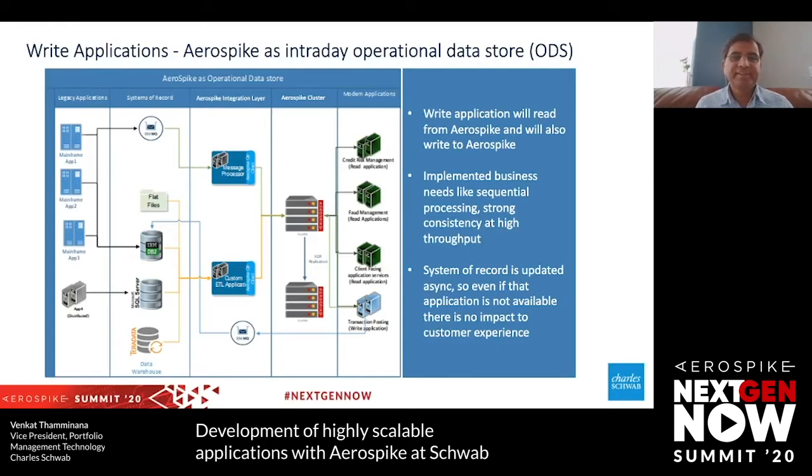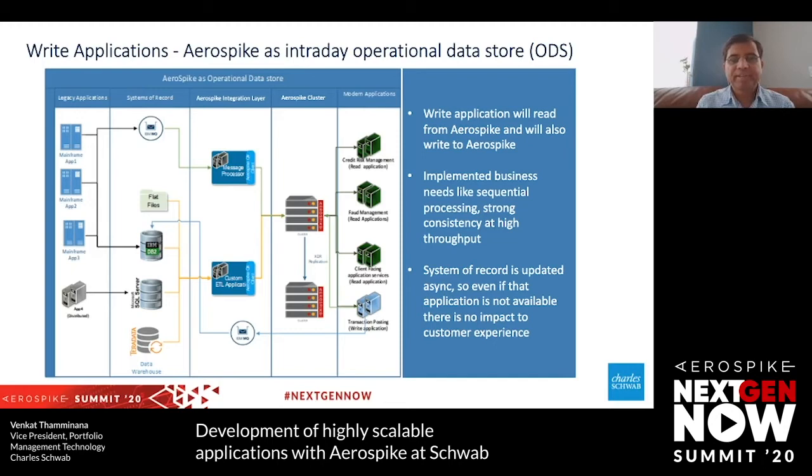In the first use case, when we are moving all the read applications onto the new modernized layers, the writes are still handled by the legacy application. Whenever there is a change in the data, the legacy layer publishes an event, and on the distributed side, we subscribe to that event and update the data.